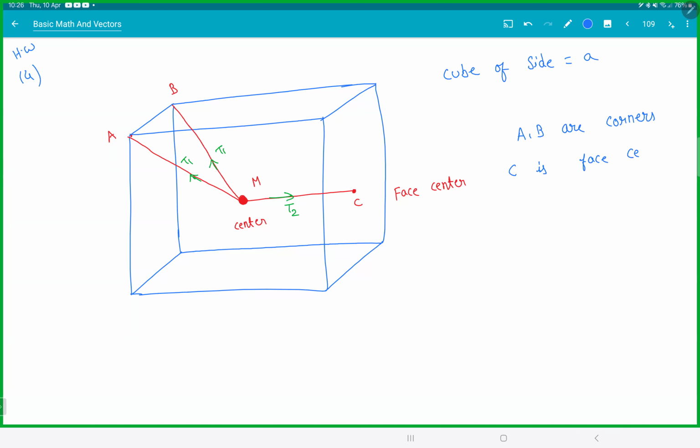A cube has 6 faces, and C is the center of one. So mass M is at the center of the cube, tied with strings connected to A, B, C. Find T1, T2.